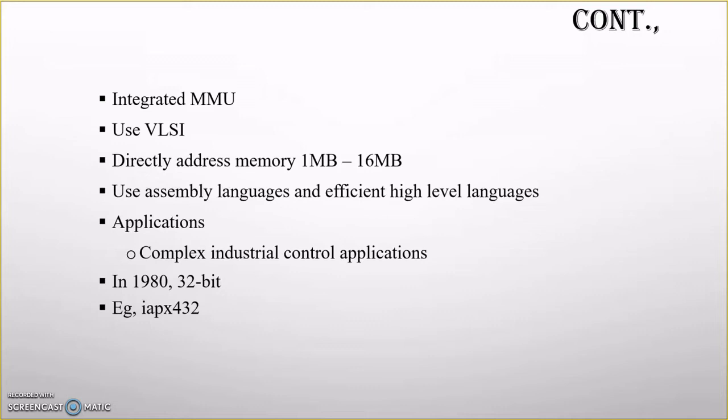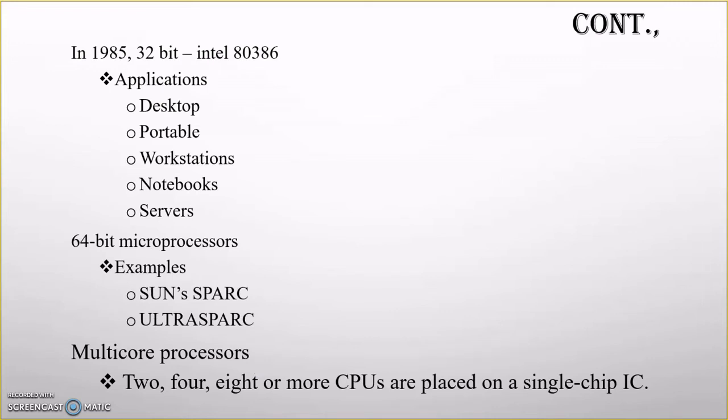In the year 1980, Intel developed a 32-bit microprocessor. Example, IAPX432. In the year 1985, again Intel developed a 32-bit microprocessor named Intel 80386. The applications are desktop, portable, workstations, notebooks, server computers.